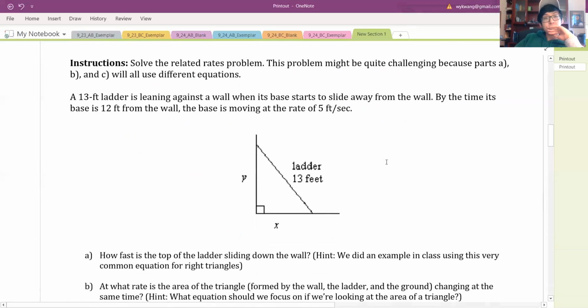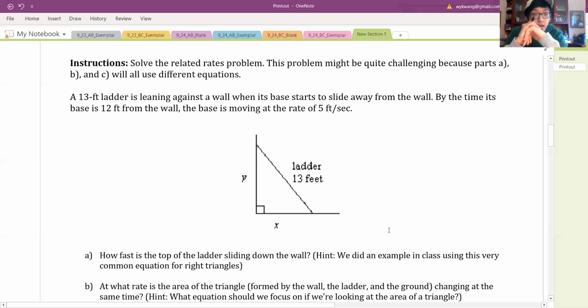Cool. Now this problem. I was working my way through this problem earlier when I realized I didn't change any of the values and I didn't want to just give everyone the answers. So that's why I restarted filming this. But this is a related rates problem. I would say this problem is extremely valuable, really good practice for related rates.